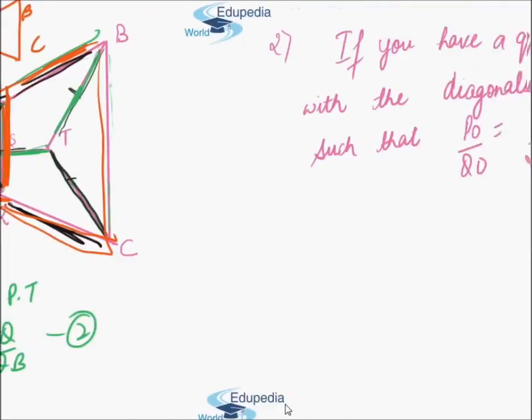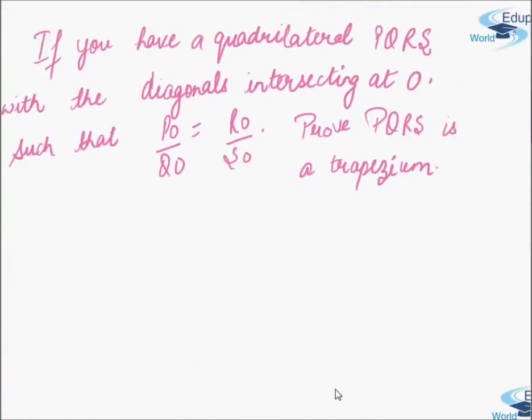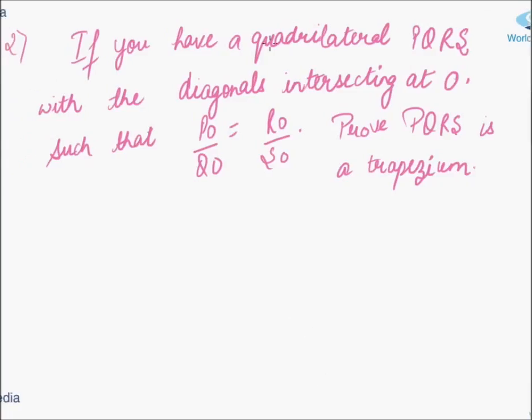Let us have another question. The question says, if you have a quadrilateral PQRS with the diagonals intersecting at O such that PO over QO equals RO over SO, prove that PQRS is a trapezium.